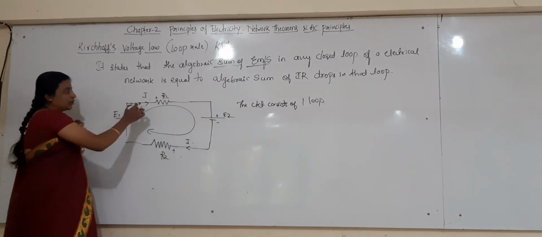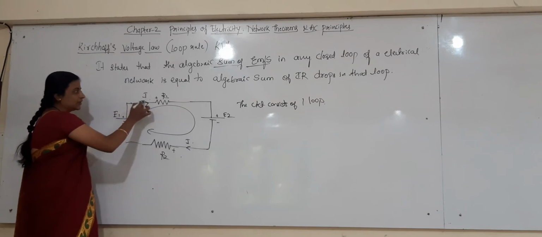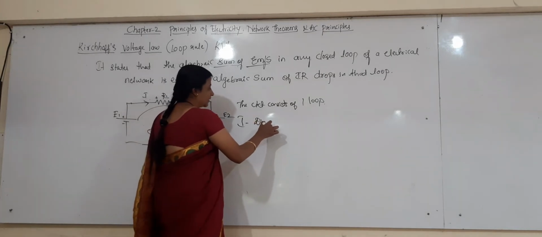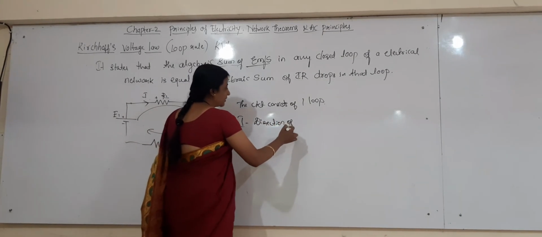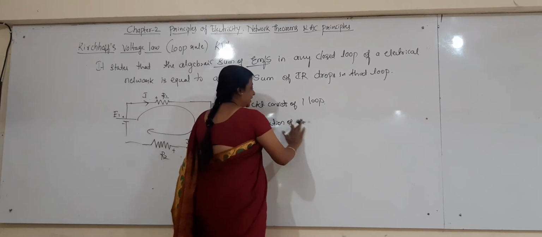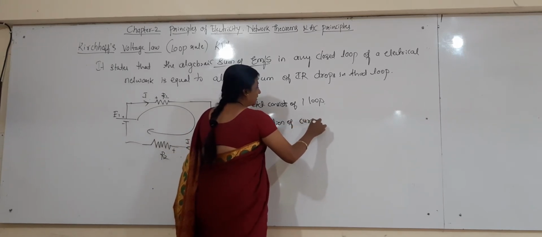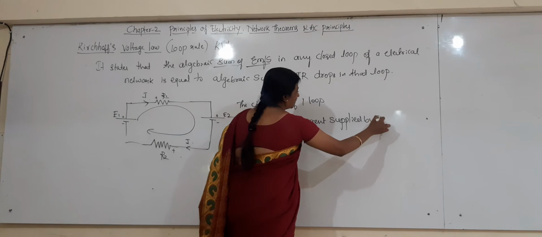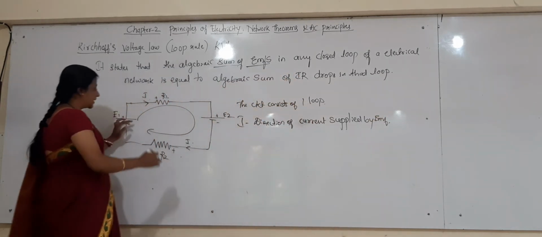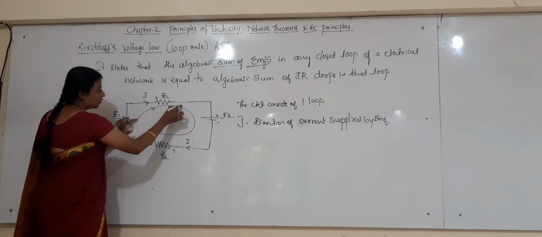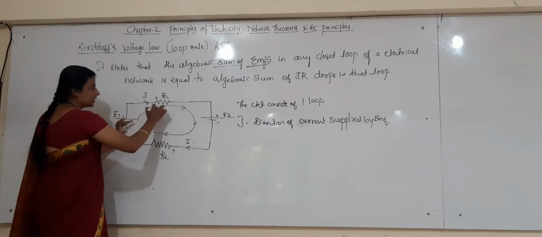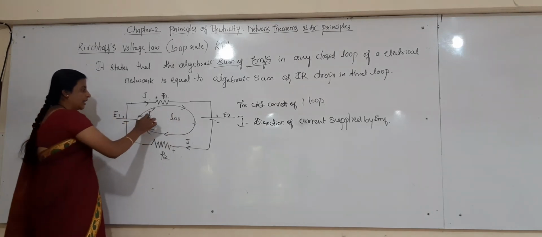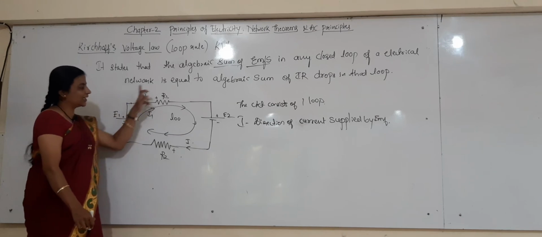So this I is the direction of current supplied by the EMF, and the loop current is also in the same direction. So this one is called the loop current. I and I1 both are in the same direction.